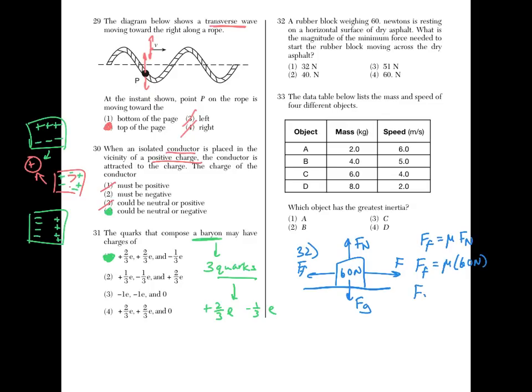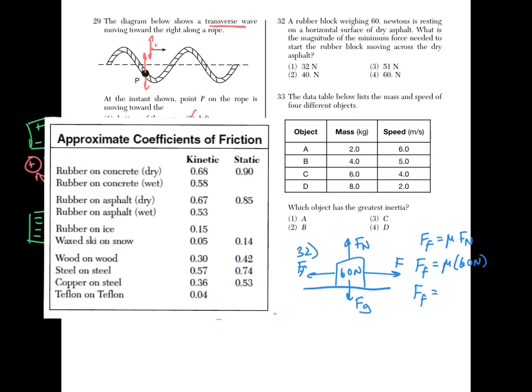But we need to know which mu to use, so we have to look at the reference table. Rubber on asphalt, it's dry, so we have to use static because it's not moving. We use kinetic if it's moving already, but since it's not, we use static. So our mu is 0.85.